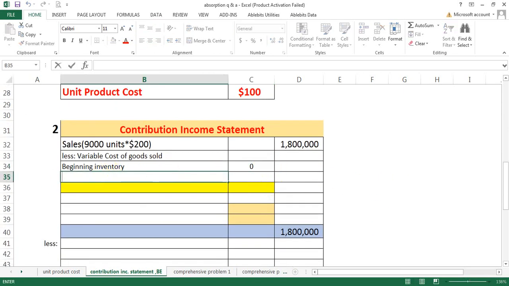What will I do? I will add the variable manufacturing cost. How will I get the variable manufacturing cost? Very easy. How many units are produced? 10,000 units, right? Check in the question.